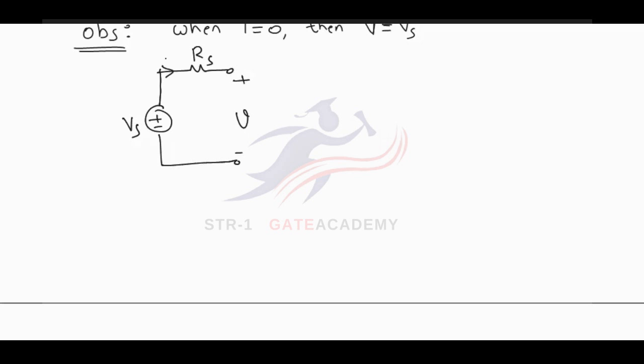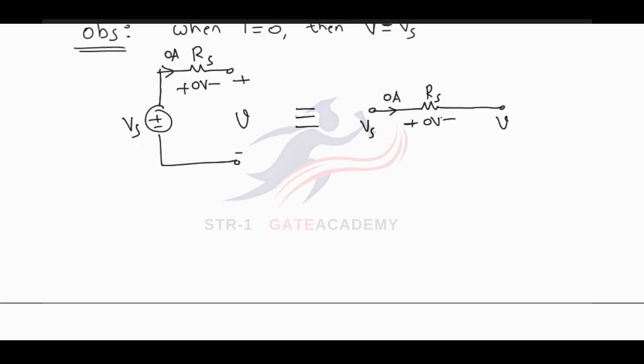There is no current flowing through this, so there will not be any voltage drop across this Rs, and this can be equivalently drawn like this. This is V, this is Vs, this is Rs. There is no current flowing through this, so there will not be any voltage drop of this.